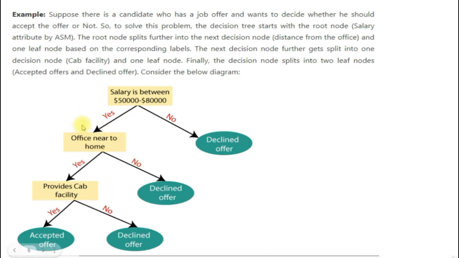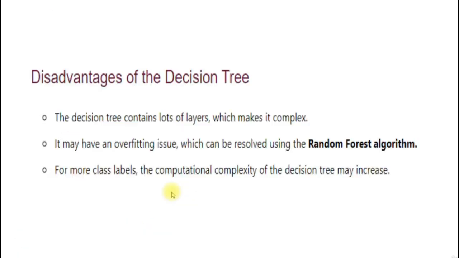Again, if the office is not near to home, declined. So this is another decision, offer declined. But if the office is close to home, then we'll ask the next question: does the office provide cab facility? If yes, then we'll finally accept the offer. So to accept the offer, we have to take this path and all the conditions should be satisfied. Otherwise, on the other side of the tree, we can straight away decline the offer.